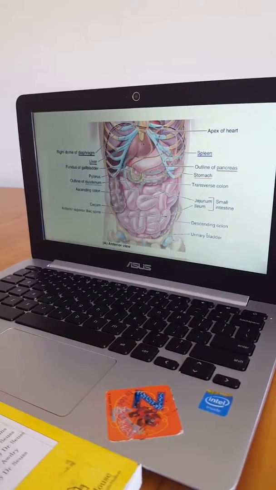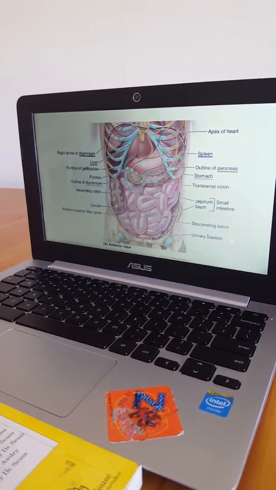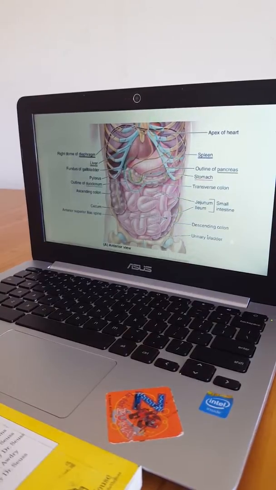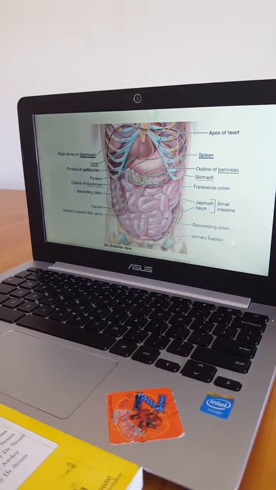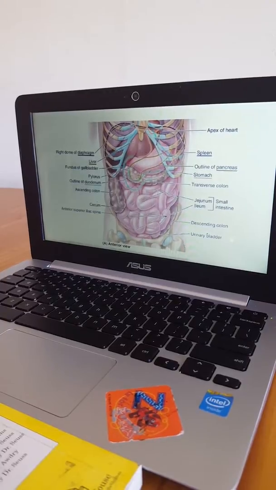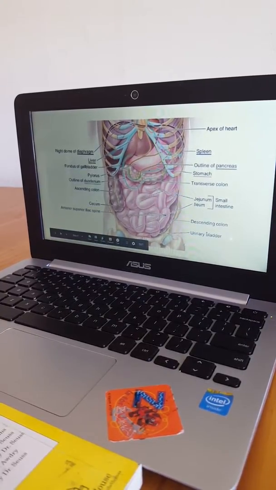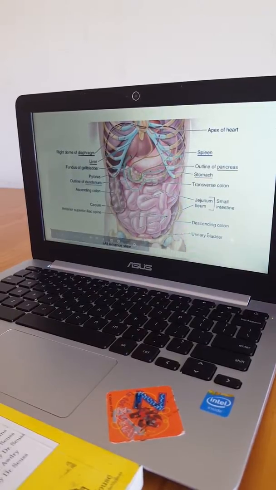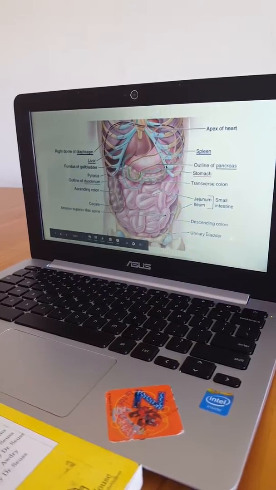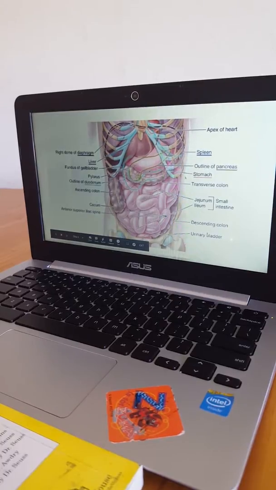You can see the liver lies in the right hypochondrium. What I was talking about, the abdominal quadrants: basically this abdominal region is divided into 9 parts by 2 vertical lines and 2 horizontal lines.